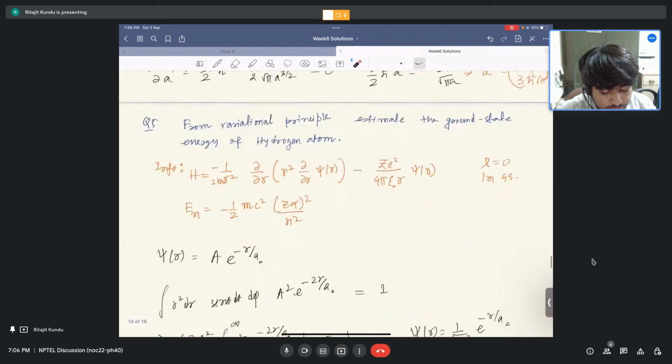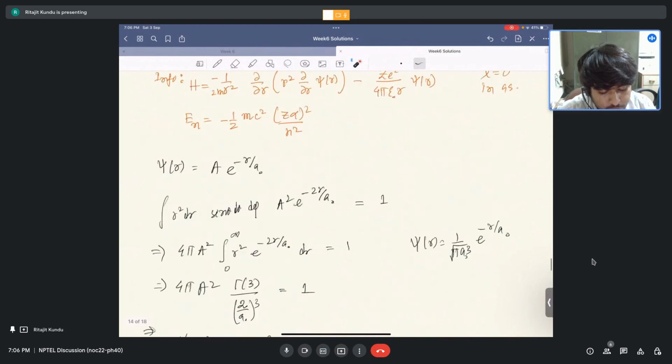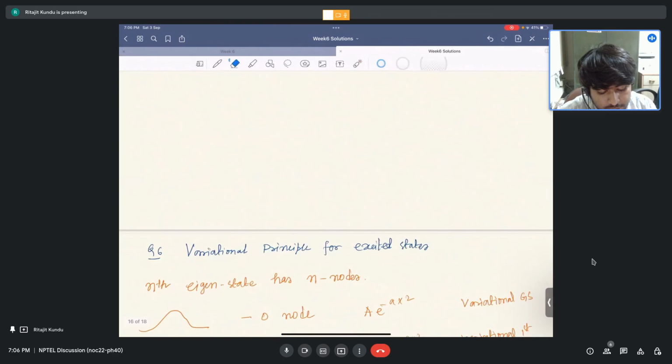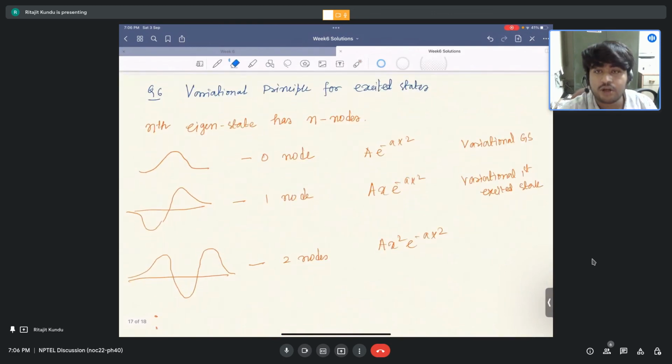I'll discuss one more problem, probably not the hydrogen one. We have been talking about variational principles for calculating expectation values of the ground state only, but in principle you can also calculate energies of the excited states. How to do that? Initially we had to come up with a good guess.